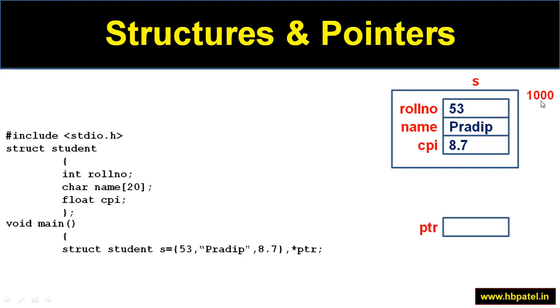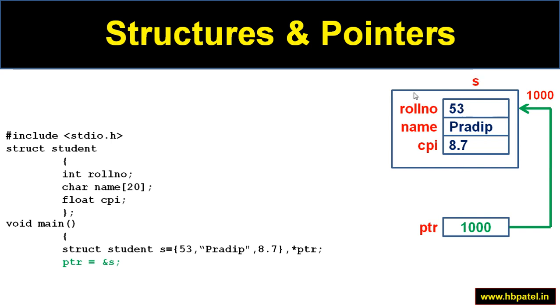Right. So this PTR, now let us try to assign address of S. What is address of S? 1000. Let us assign it into PTR. So now PTR would be 1000. Indirectly PTR is pointing to this structure S. So now these members can be accessed in 2 different ways.